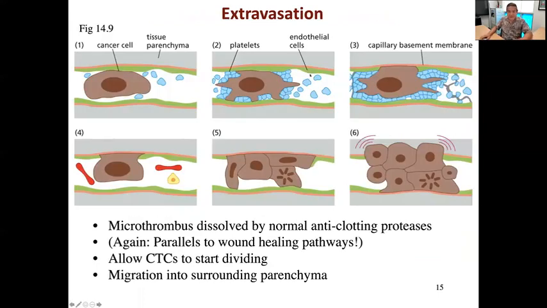So here you see the process of extravasation. That cancer cell has formed a microthrombus, a clot covered in platelets, but enough platelets have covered it that our body, our tissue, reacts by saying, uh-oh, there's a clot. Let's break up these platelets. So the platelets get broken up and sent on their way, and the capillary wall becomes a little more forgiving to help pass this clot.